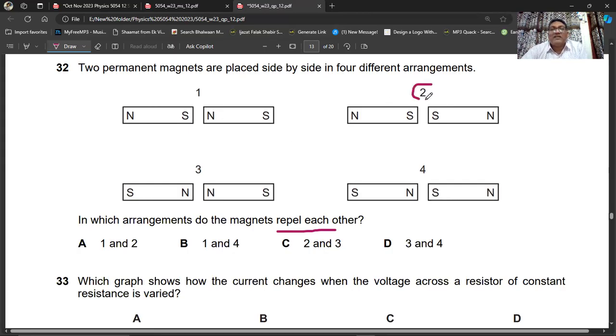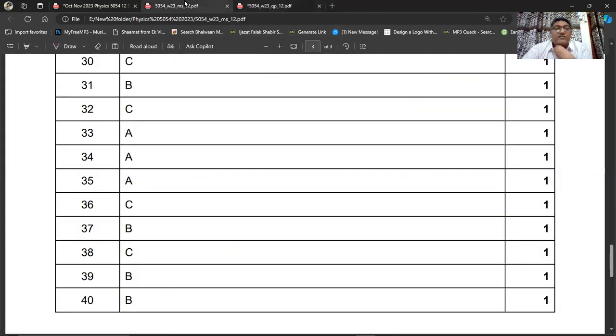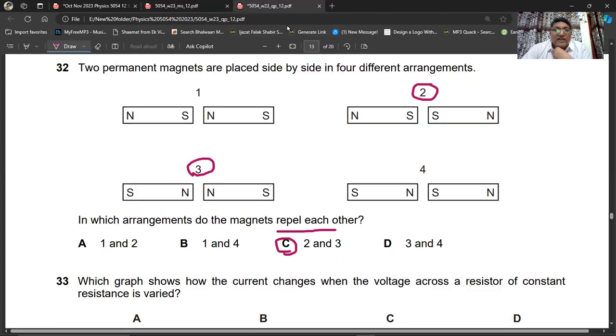So here the same poles are facing each other, and here the same poles are facing each other. So here the magnets will repel each other. When the opposite poles are facing each other, they will attract. So in the second and the third case, the same poles are facing each other, so the magnets will repel each other. So I think for question number 32, C is the choice. So that is right.